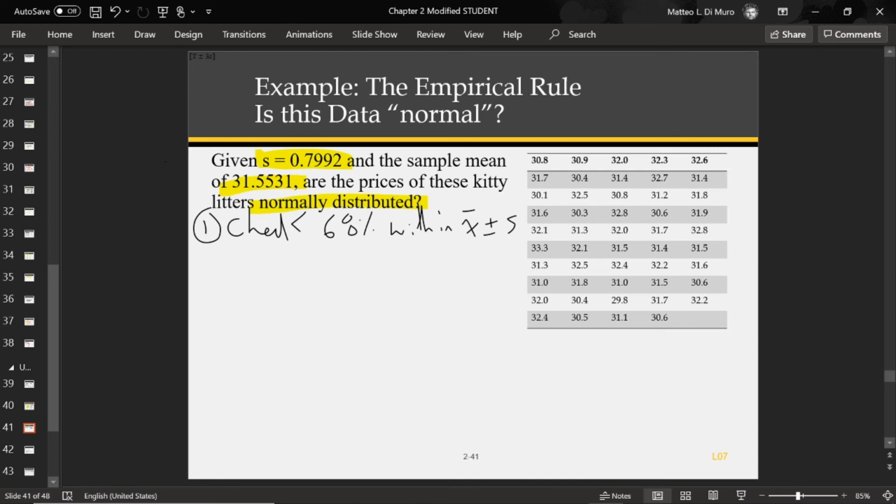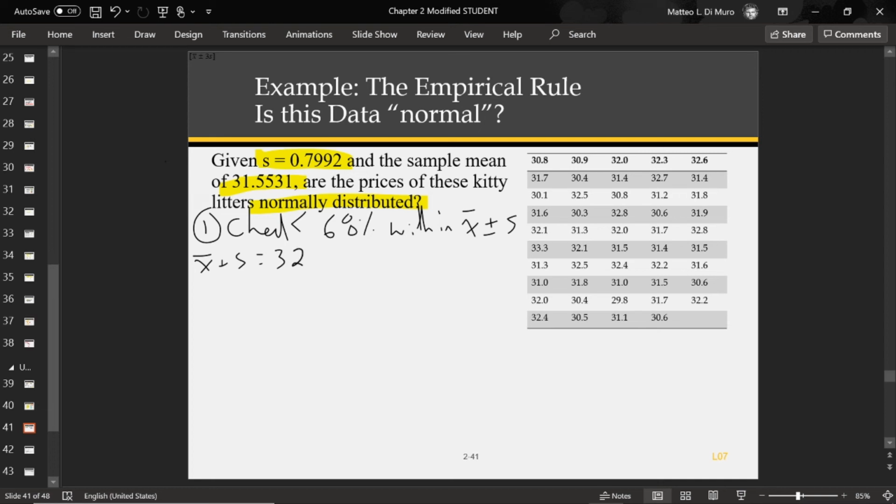So we need to calculate what is X bar plus the standard deviation here. Well, remember, they gave these numbers in the question. So X bar is 31.5531. The standard deviation is 0.7992. So pause for a moment and go and add those 2 numbers up.